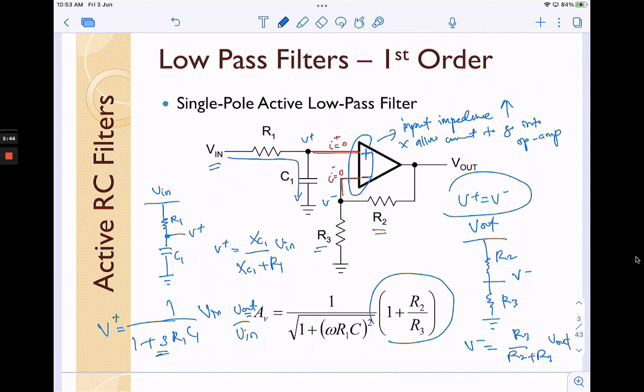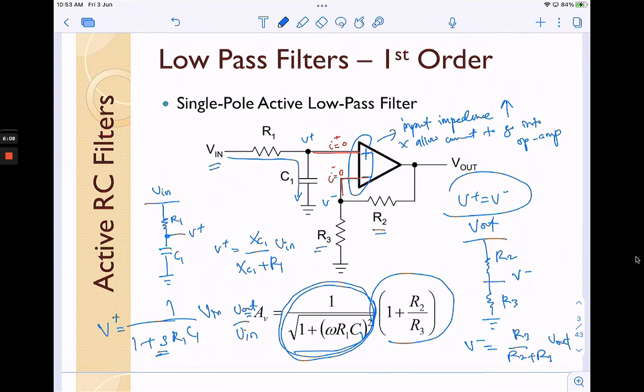Then you can just convert S equals j omega, and you can find the magnitude of this component, and this is the magnitude. Okay, 1 over square root of 1 plus omega R1 C1 squared. This is actually C1.